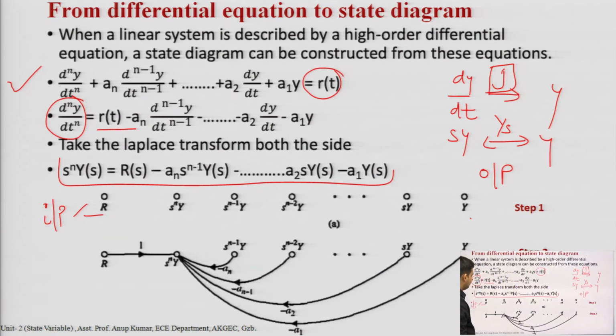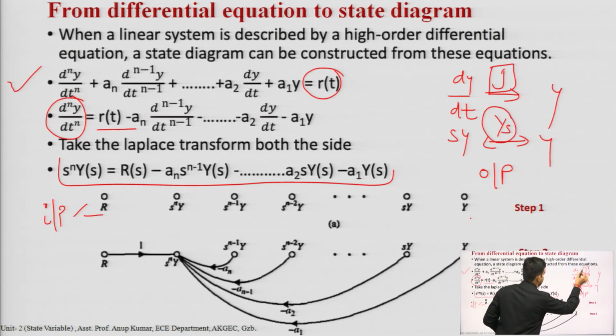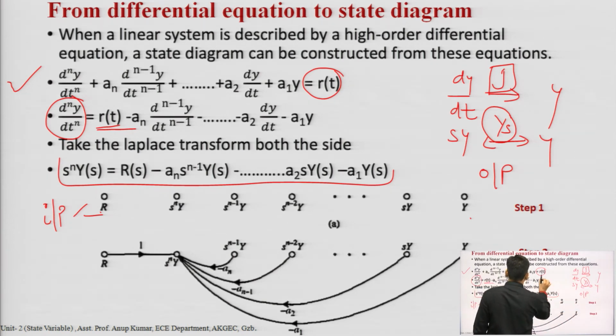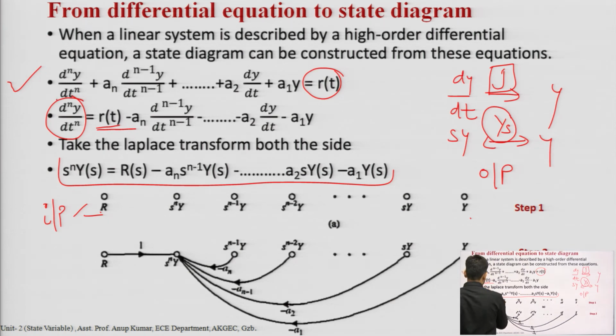So, in this domain for integration I will use 1/s. Now I have to look for the highest order term, which is s^n y. If I take the Laplace transform, this is my output. So I am using this node as my highest order node, s^n y.